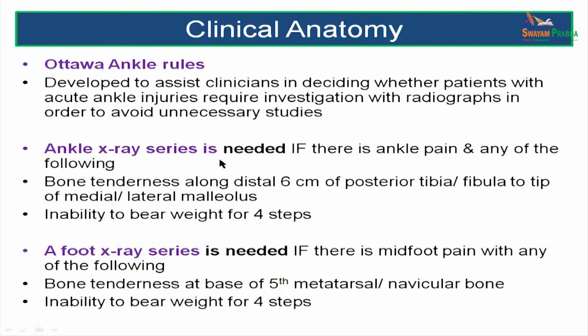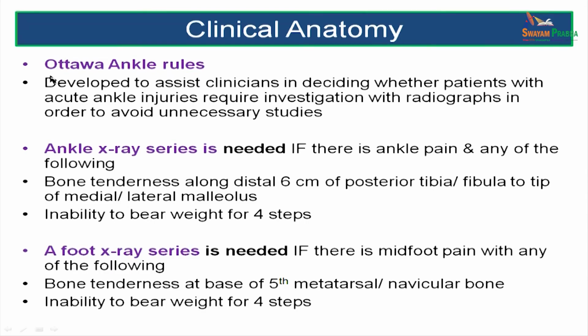There are rules whenever you examine an ankle joint injury. These are called the Ottawa ankle rules. They assist the clinician in determining the severity of an ankle sprain, an ankle fracture or an ankle injury.